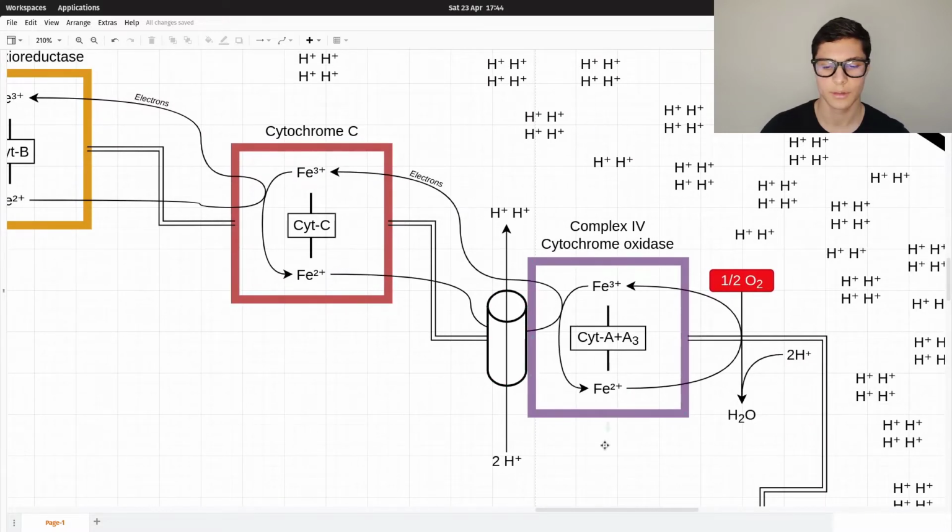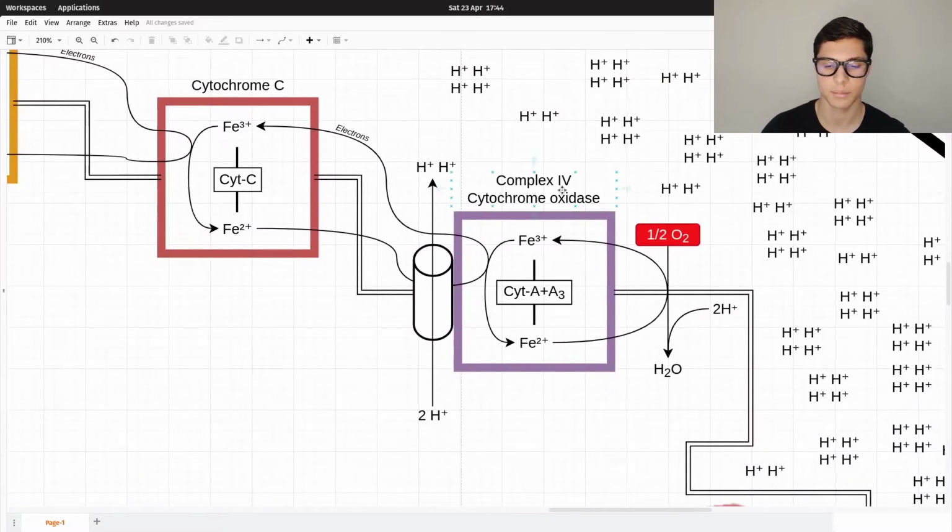Then we continue and we get to complex number 4, which is cytochrome oxidase. In some literature, some books, they call it cytochrome C oxidase, because it's basically oxidizing the cytochrome C, because it goes from iron 2+ to iron 3+.